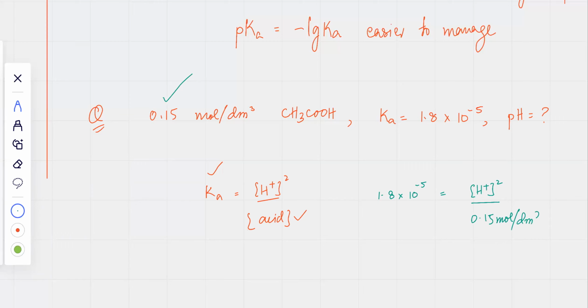So can anyone try and solve this? What do you get? H+ squared is going to be 1.8 times 10 to the power minus 5 multiplied by 0.15. There's a square, you get rid of the square by taking the square root of everything. So where are we? What are we getting?